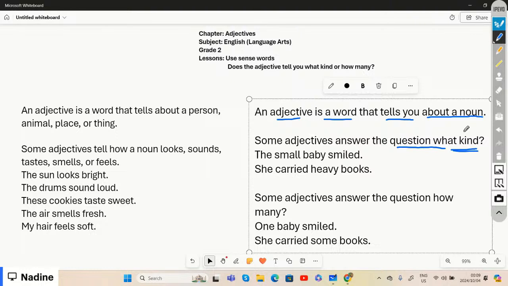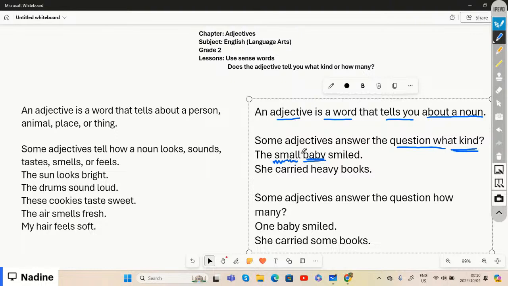And if we look at the example, it says the small baby smiled. The small baby smiled. Baby is our noun, right? But now, if we were to ask, what kind of baby is that? Then we can say it is a small baby.